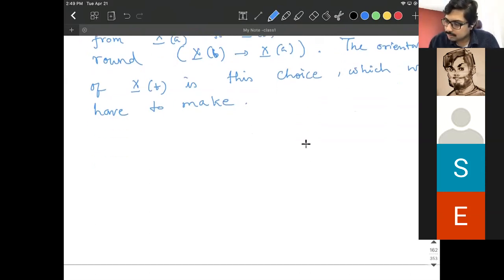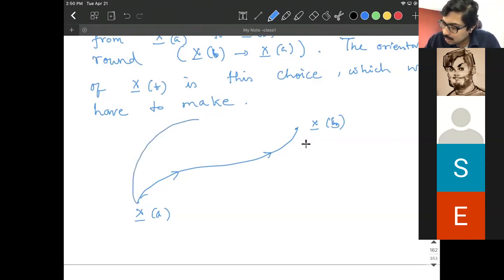So it should start from x(a) and end at x(b). So something like this. Suppose you have x(a) and then this is x(b). So we choose to start at x(a) and end at x(b). Then if you have another path here, so let's say the endpoints are x(a) and x(b), then you have to follow the same pattern. It should start from x(a) and end at x(b).